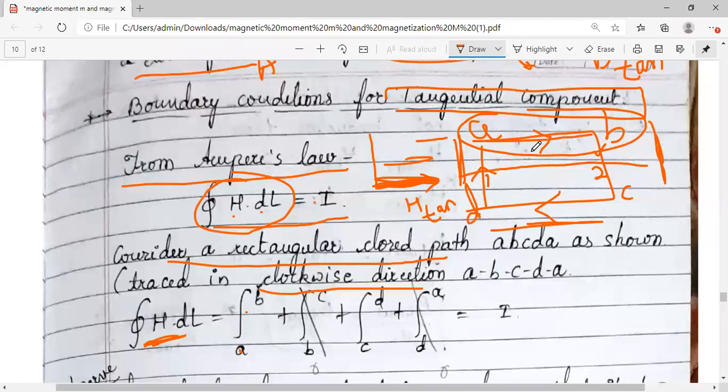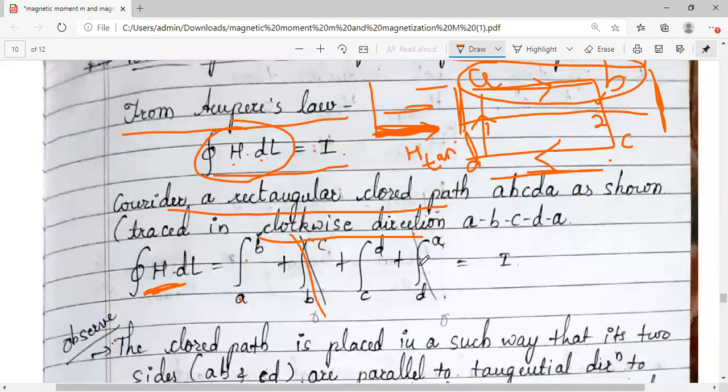We are considering those lines which are parallel to this tangential component because of the dot product. BC and AD are vertical, so we are not considering their effect. When we talk about tangential component, in दोनों का effect हम नहीं लेंगे. We will consider only these 2 line integrals because they are parallel to the tangent.